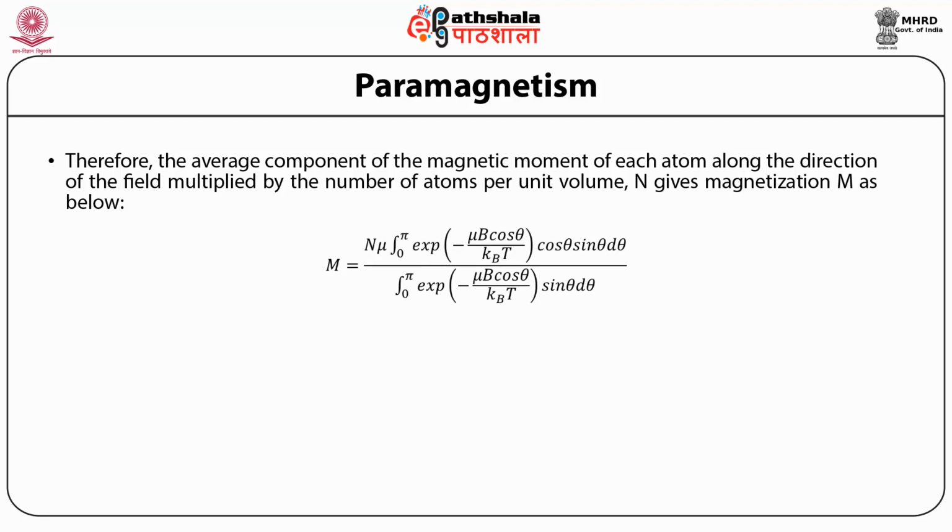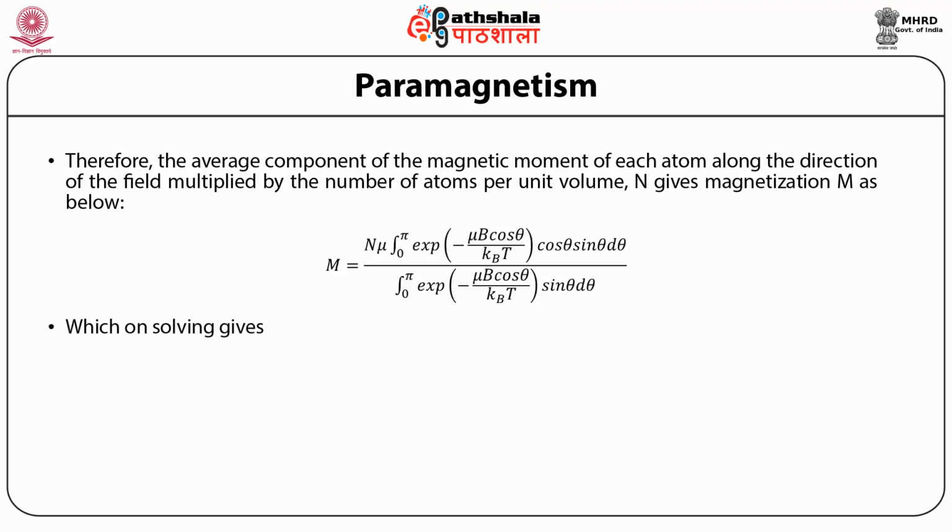M equals n mu integration from 0 to pi exponential minus mu B cos theta by kBT into cos theta sin theta d theta, over integration 0 to pi exponential minus mu B cos theta over kBT sin theta d theta.